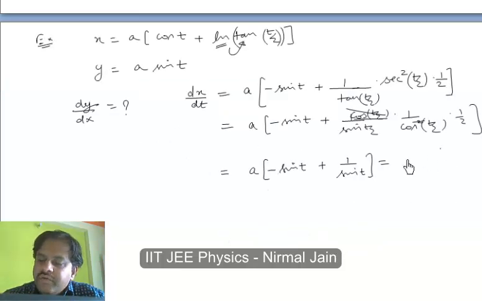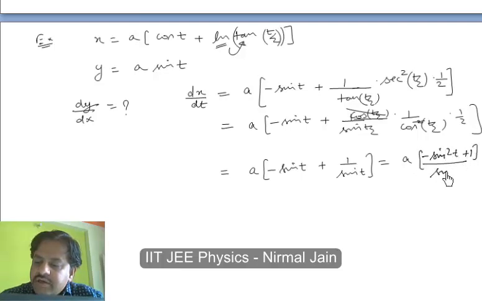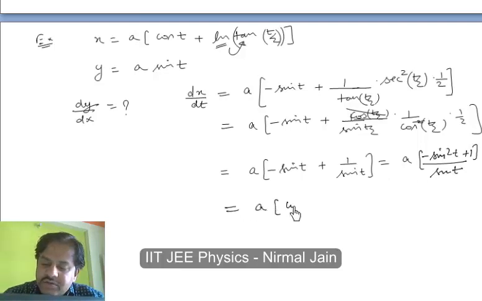What we get here is a(minus sin square t plus 1)/sin t, so this is a cos square t/sin t. This is dx/dt, and dy/dt is simply a times the differentiation of sin t, which is cos t.